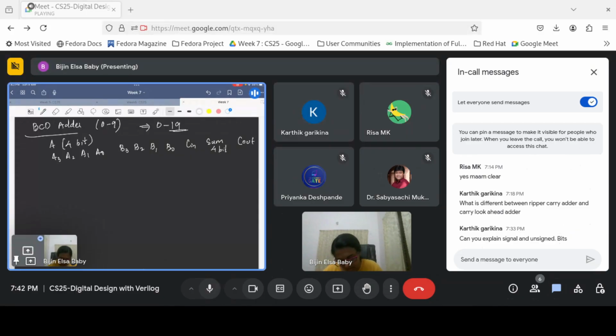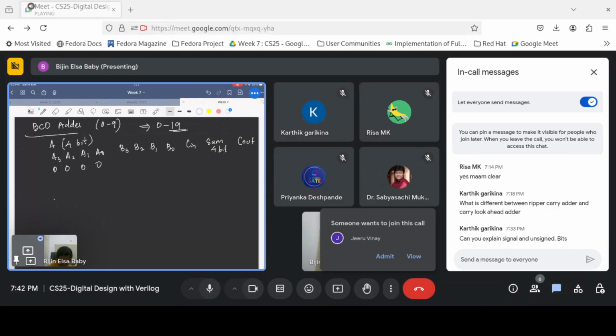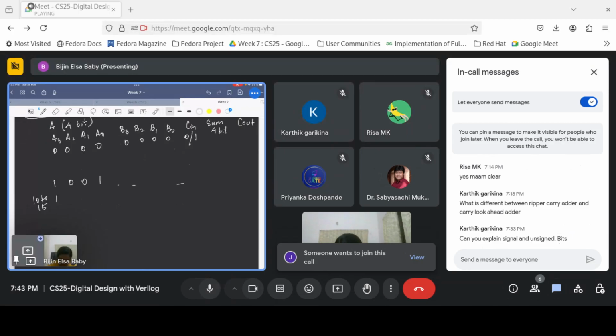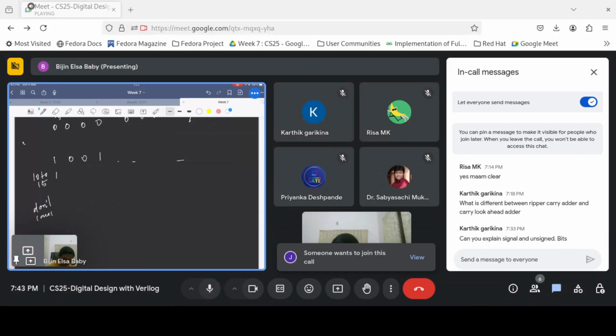Here you will have from 0000 to 1001, similarly for B, and the carry can be 0 or 1. Till this, then after 9, from 10 to 15, it will be don't care. So these are the valid inputs till 9. So in total you will have 512 input combinations.